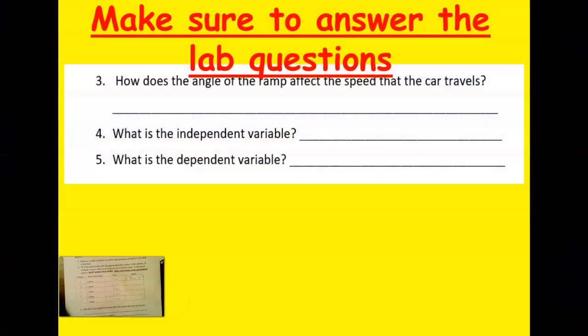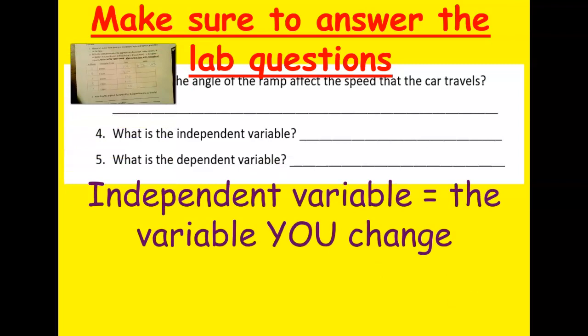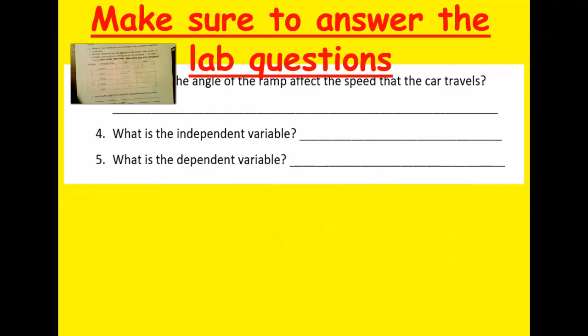Now you need to make sure that after you do your calculations that you answer all your lab questions. I know a lot of students don't remember because they don't listen. They don't remember what is an independent variable and what is a dependent variable. The independent variable is the variable that you change. Think about what you did.